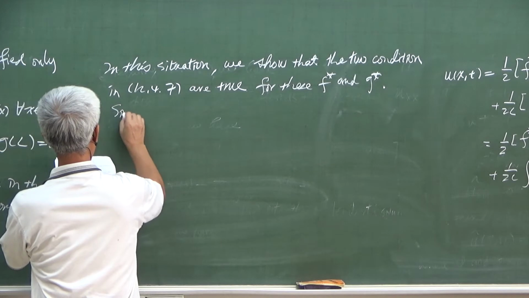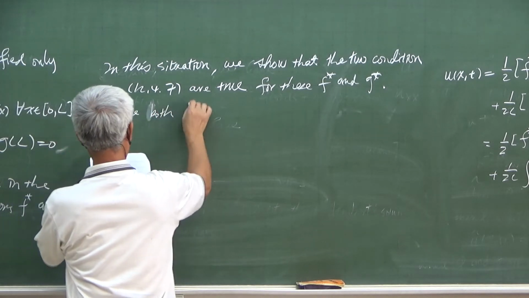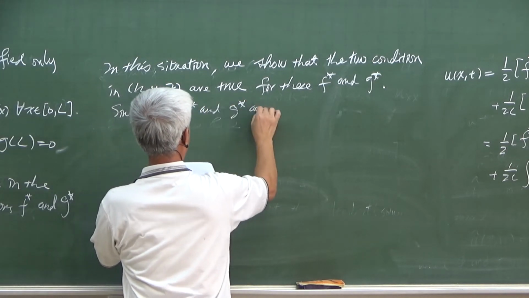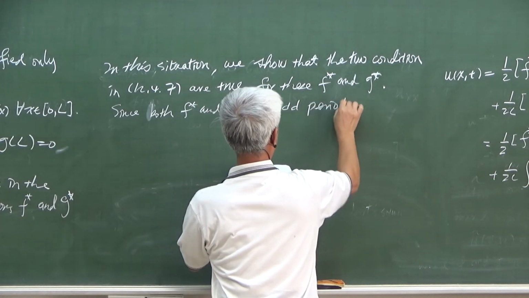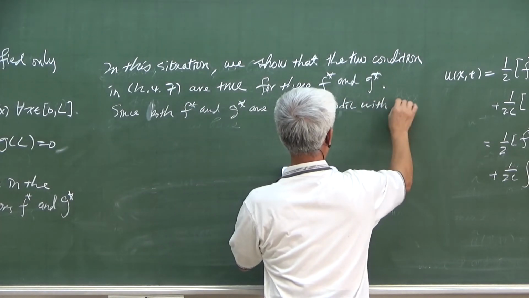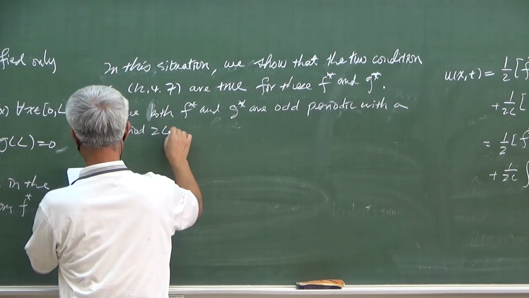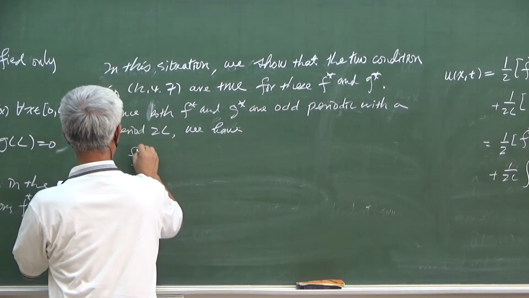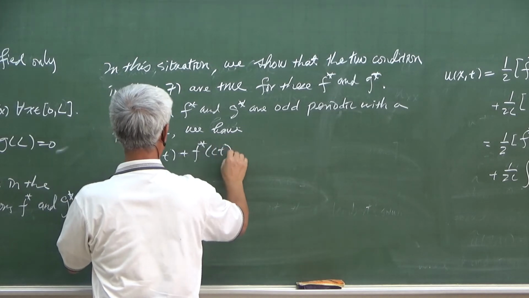Now, since both f star and g star are periodic with a period 2L, so we have, interestingly, f star of minus L plus ct, minus f star L plus ct is equal to 0.